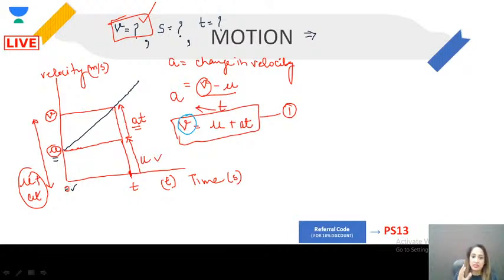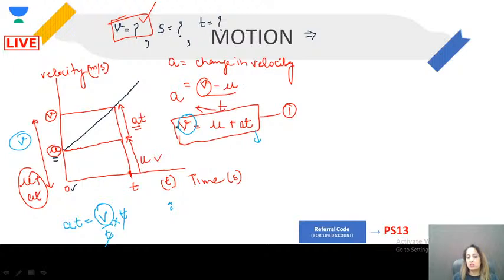We know that v is equal to whatever the initial velocity is plus whatever the change in velocity, because if I break this open, what is it exactly? at is equal to what? Velocity per unit time into time. So this will cross out. So actually it is the final velocity over this period of time, right?